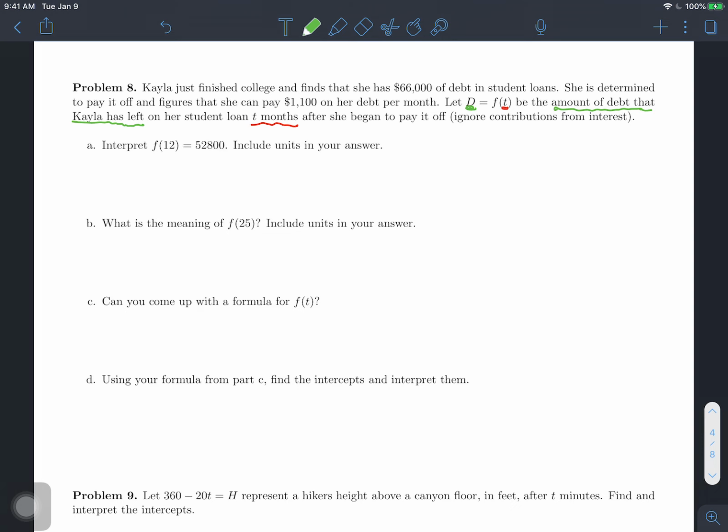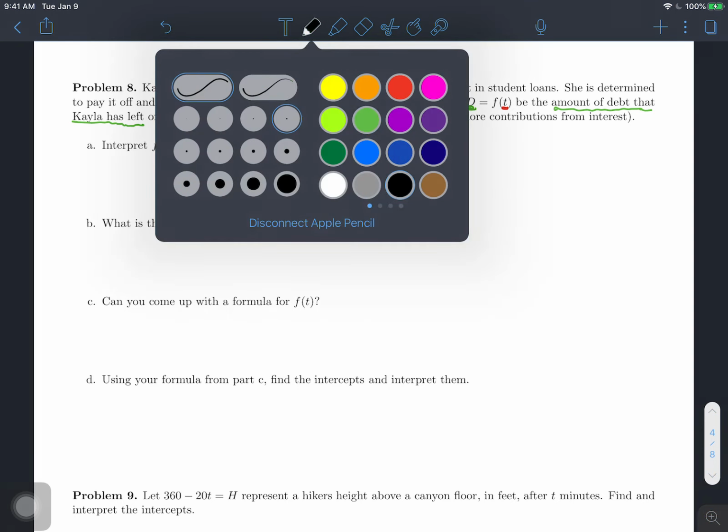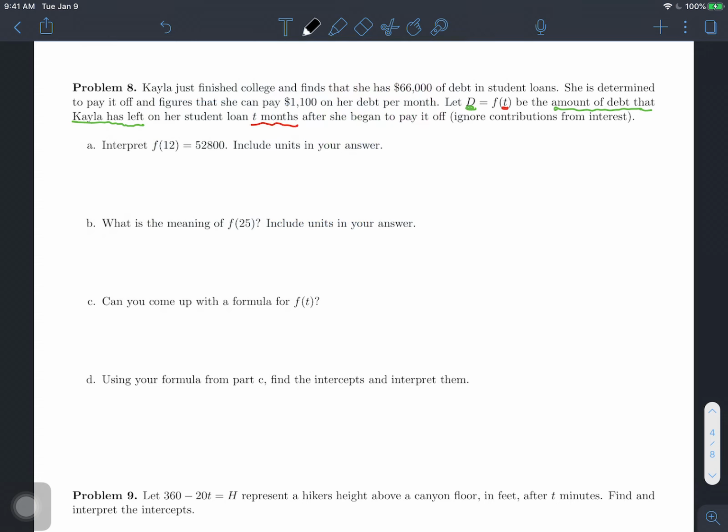Okay, so those are going to be our inputs and our outputs. Let me go back to black. So if we want to interpret f of 12 equals 52,800, and we want to include units in our answer, what this is saying is that our input is 12, so t is equal to 12, and t describes the number of months after we began to pay it off.